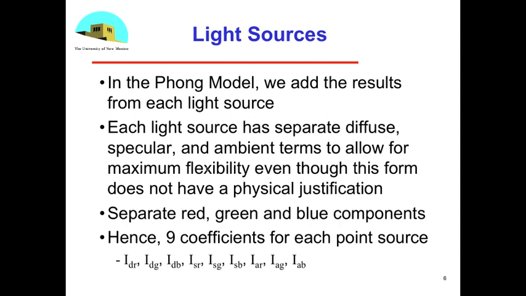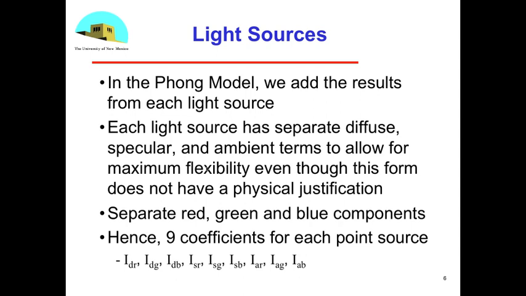But we're trying to build a model that's simple to compute and gives us reasonable accuracy, in the sense that it looks okay. One way to do that is to handle the diffuse, specular, and ambient terms individually and separately, and therefore we need to look at the sources for those terms separately.